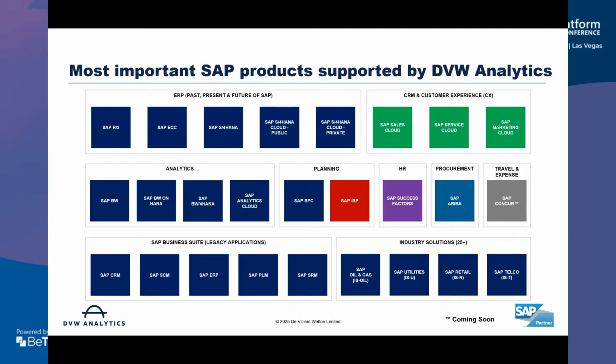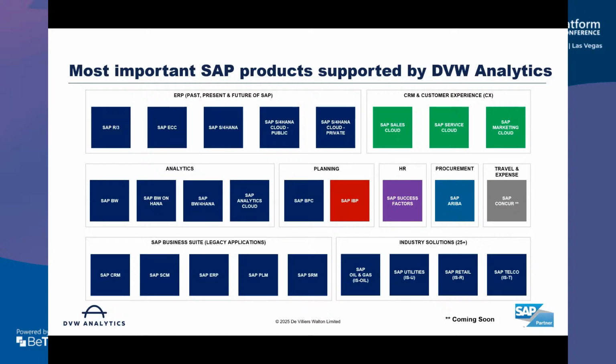But also, if you think about it, as we go down that left-hand side there, BW on HANA, even SAC, so SAP Analytics Cloud, we can connect to there. In fact, anything on the ABAP stack. So things like CRM, SCM, SRM, no problems at all. And as you can see down the bottom there, the industry solutions too.